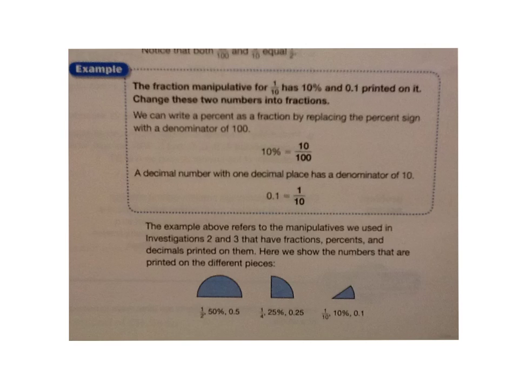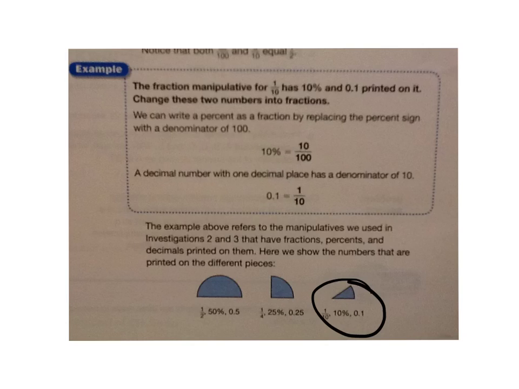Okay, this example shows the fraction manipulative for 1/10, which is down here, and it has the manipulative for the 10%, which is the same, and 1/10 printed on it.